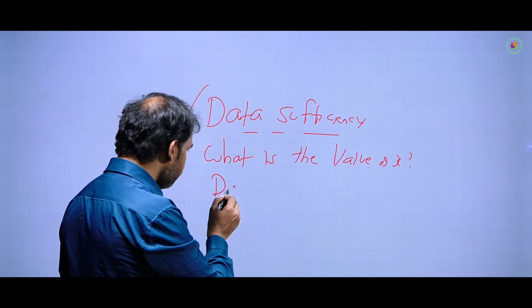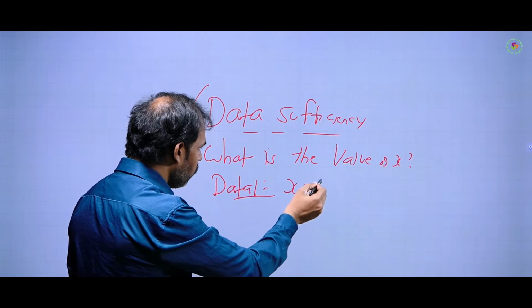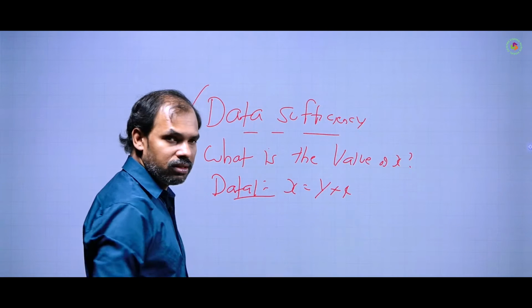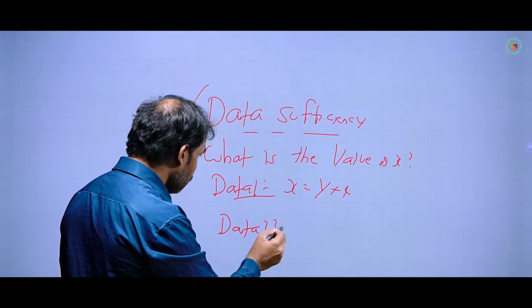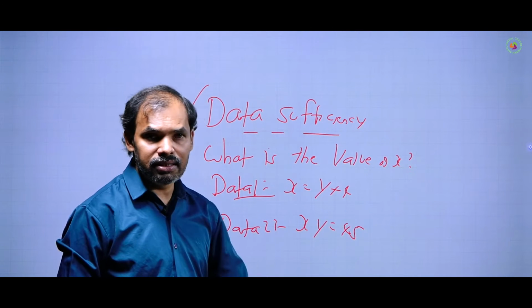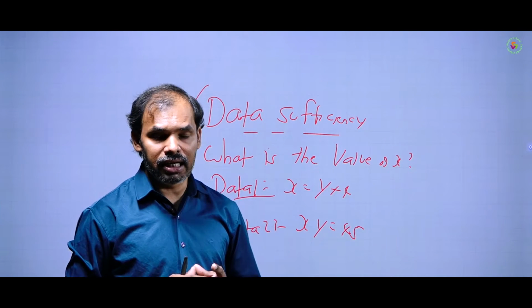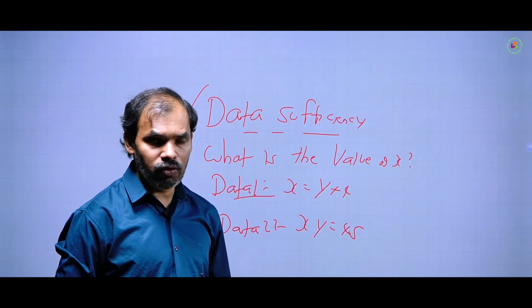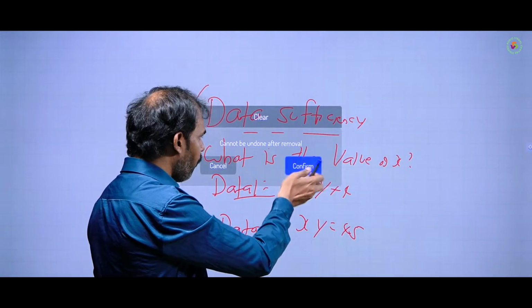Then they'll give data 1, x equal to y plus 4, and data 2, xy equal to 45. So in data sufficiency, first they'll give one question, what is the value of x, then two data, and they'll give 5 options.